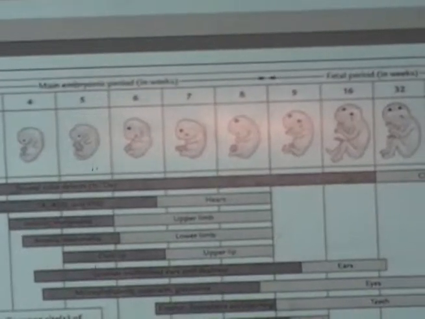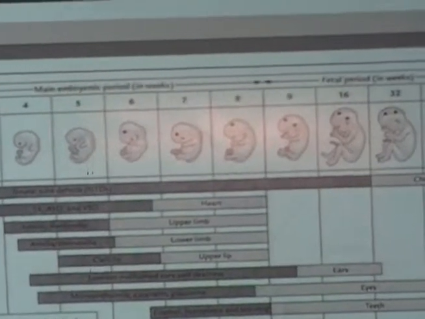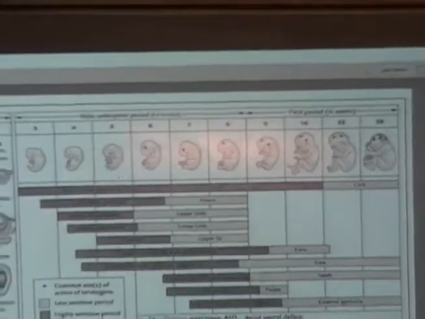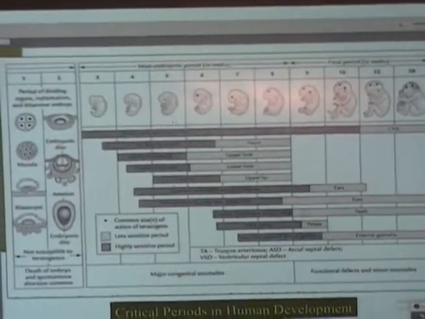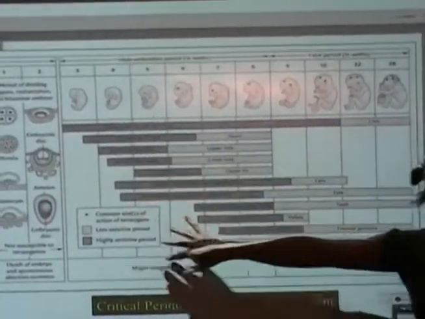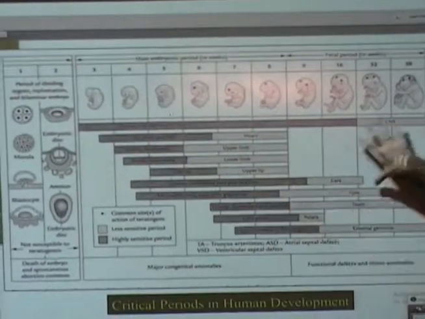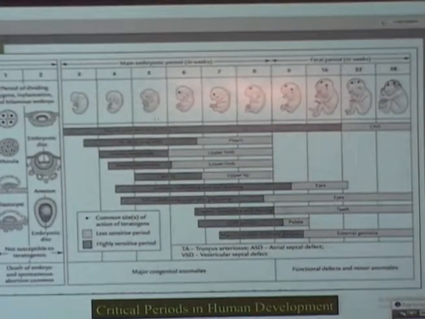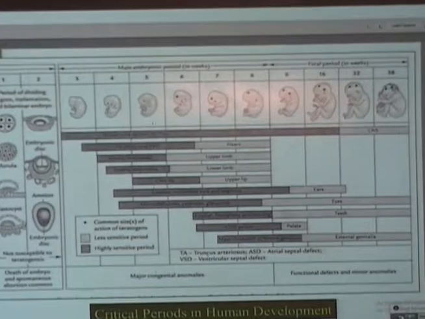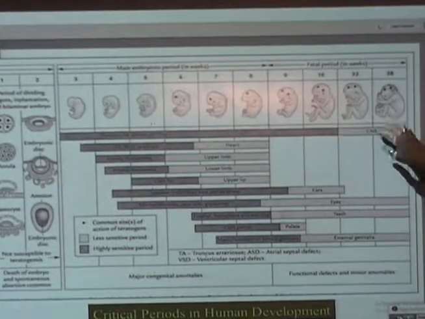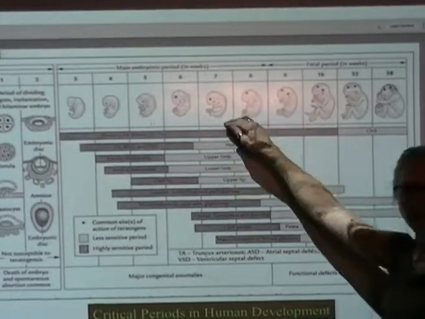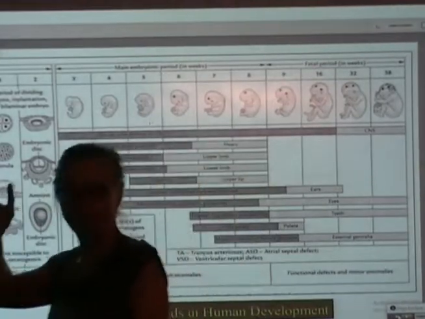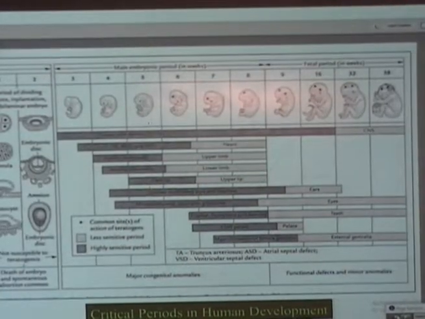That's only 2 months pregnant. Some people don't know they're pregnant until they're 4 months gone. You're way past being able to mitigate any of this damage. You can only take care of the baby if you know the baby is there. It's a very important point.